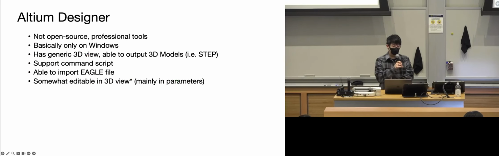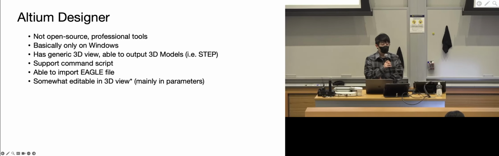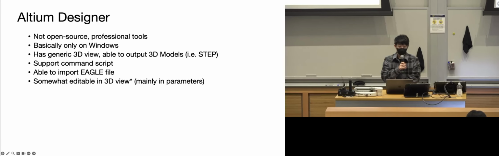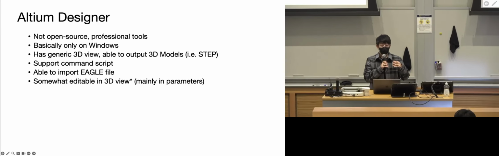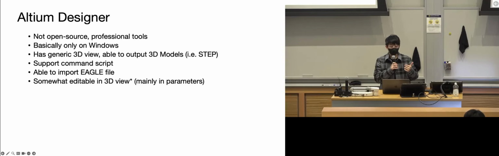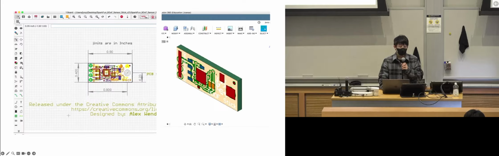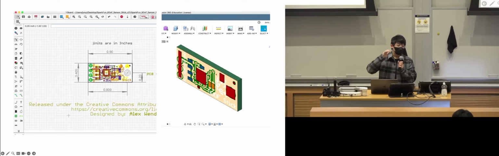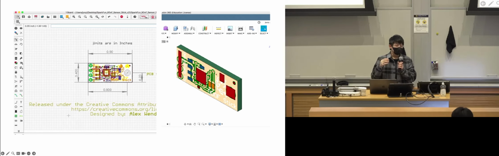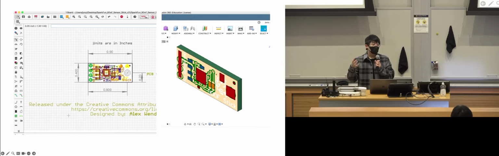And then we have Altium Designer. It's not open source, a pretty professional tool, and it has its own generic 3D viewer and supports command scripting. Oh, Eagle or Fusion 360 also supports scripting capability. So you can write your own script and let the tool run automatically.